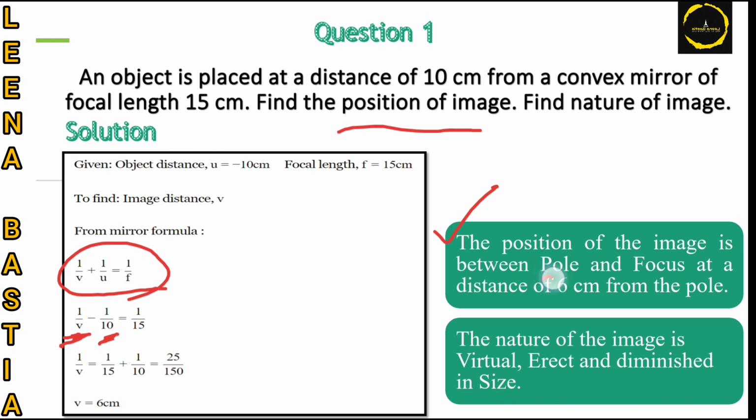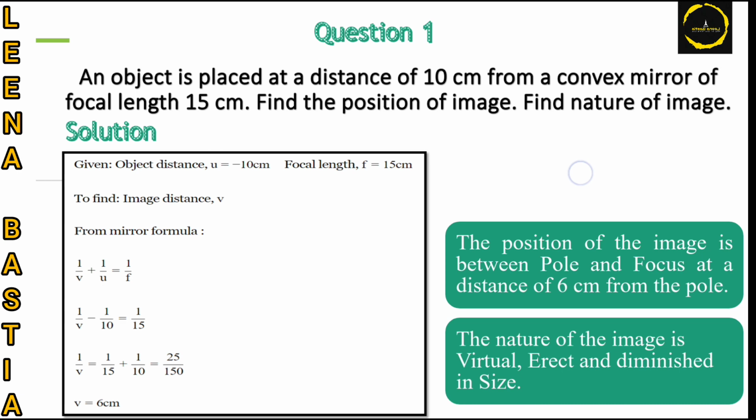This part even if you are not writing then also it's okay, but you have to write that 6 centimeter behind the mirror. Because it's a convex mirror, the image will be formed on this side. So that is the reason we have to write 6 centimeter behind the mirror. I hope you are clear with this.